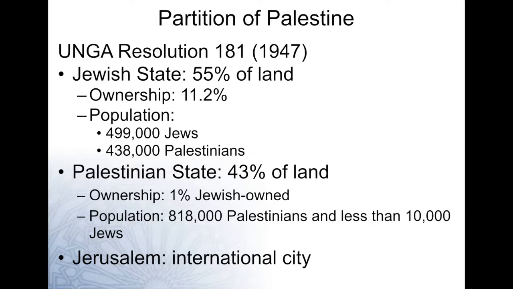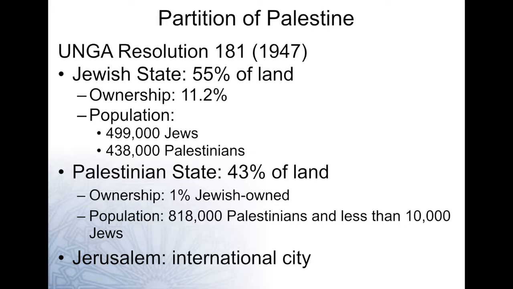Now, on the surface, that is unfair. But if you look more closely at the details, you can see just how unfair and problematic this resolution was. If you look at the kind of land that was being allocated to the Jewish state, you can see that the citrus growing areas, the cereal growing areas, and keeping in mind citrus was the major export of Palestine prior to World War II, these were all going to be in the Jewish state.